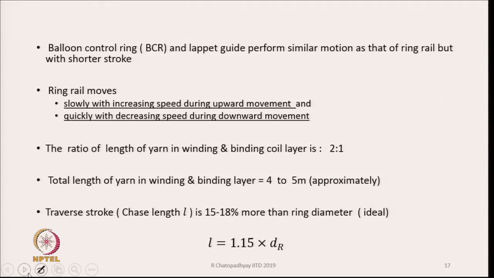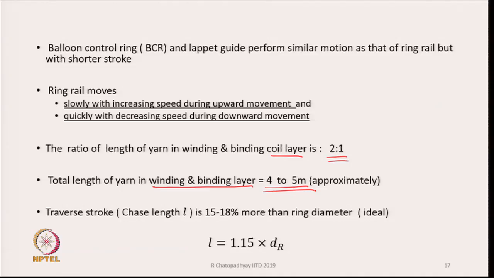The ring rail moves slowly with increasing speed during upward movement and quickly with decreasing speed during downward movement. The ratio of length of yarn in winding and binding coils or binding layer is 2:1. Total length of yarn in winding and binding layer varies between 4 to 5 meters approximately. So, in one cycle of the movement of the ring rail, we are winding 4 to 5 meters of yarn.